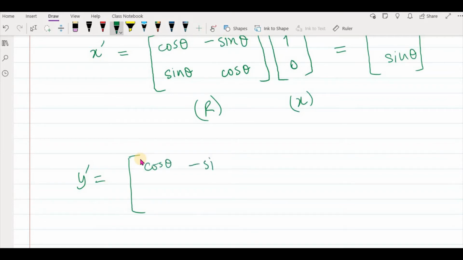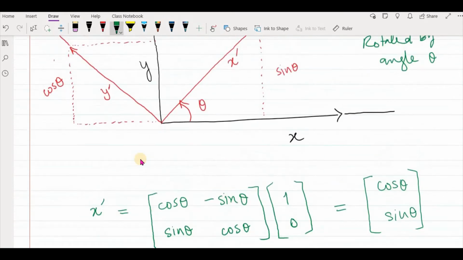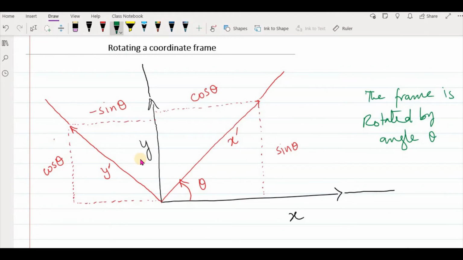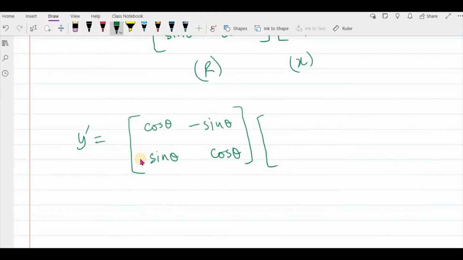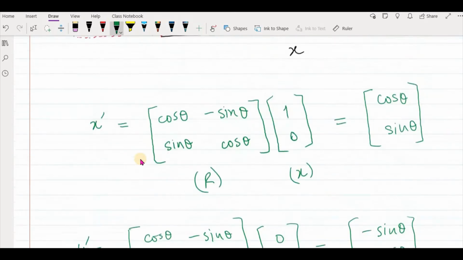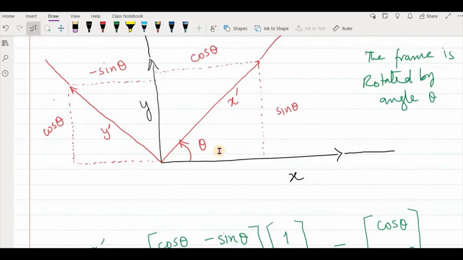Cosine theta, minus sine theta, sine theta, cosine theta. And this time for y, we have this unit vector y. It has value 1 along y-axis, and along x-axis it has 0 value. So we can write it down like this: 0, 1, and this will be equal to minus sine theta and cosine theta. So this is shown here.